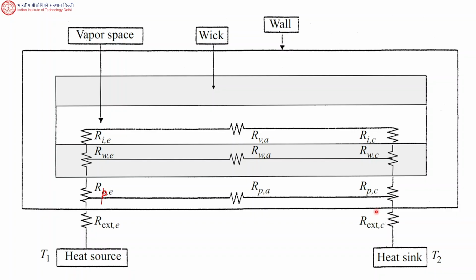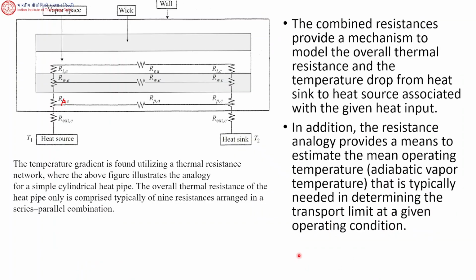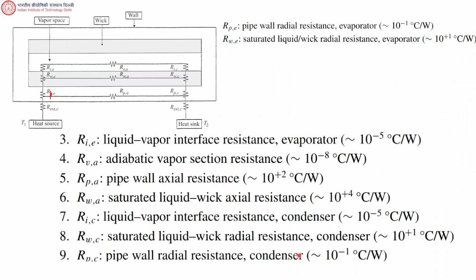Now, if you can calculate the total resistance between the evaporator and the condenser, obviously that will help you calculate some temperature difference, right? That we know from thermal resistance. So these are, this is the same figure and with the same notations, but this shows you some representative magnitudes of these resistances.